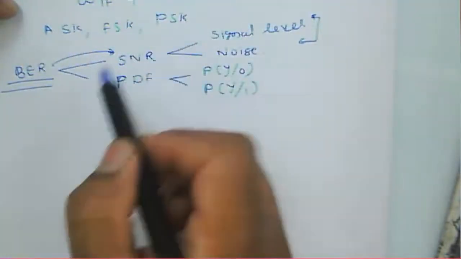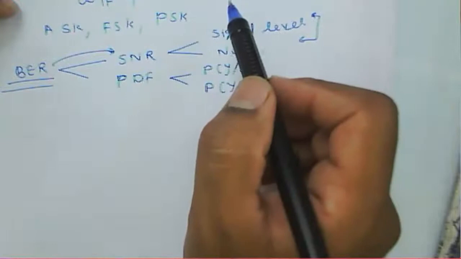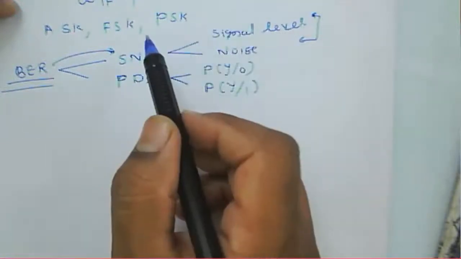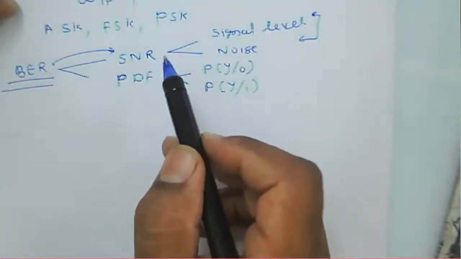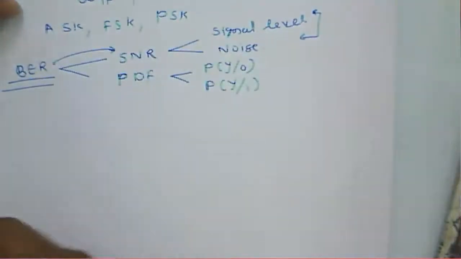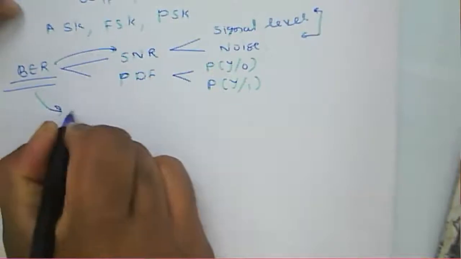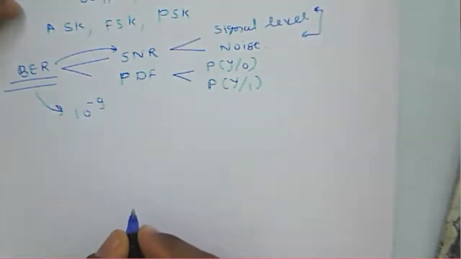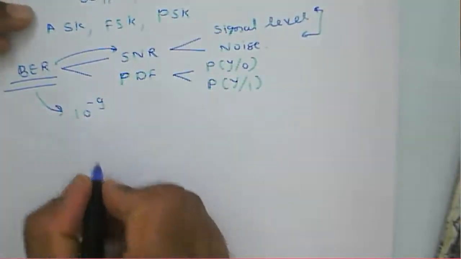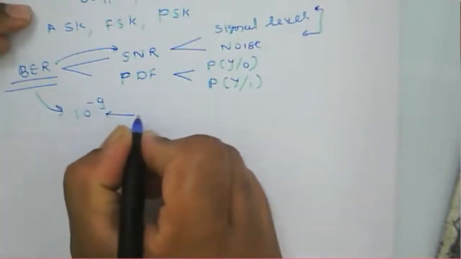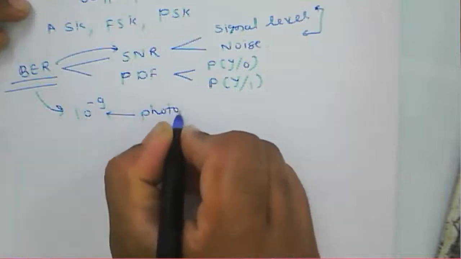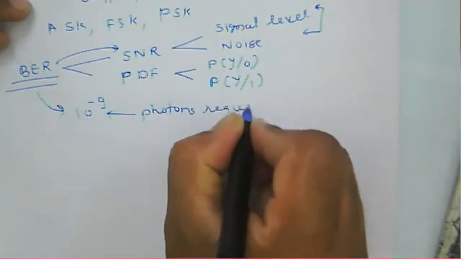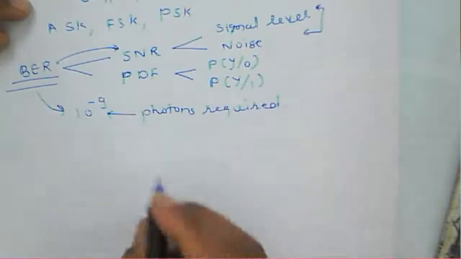So we need to describe receiver sensitivity for detecting the signal in terms of how many photons are required to achieve a given BER. We are expecting the BER to be 10 to the power minus 9. So for a BER of 10 to the power minus 9, how many photons are required?